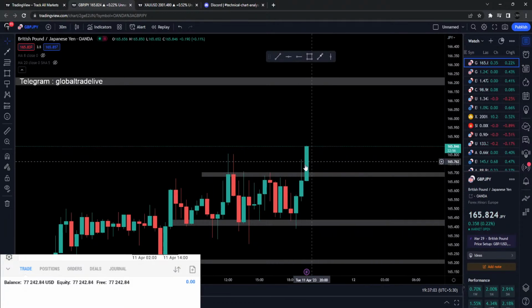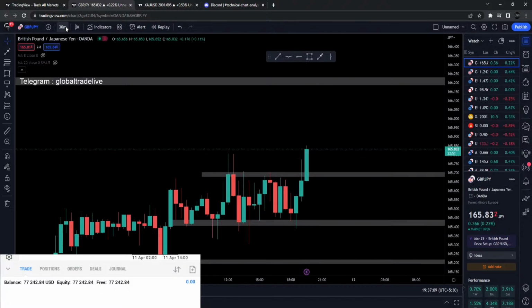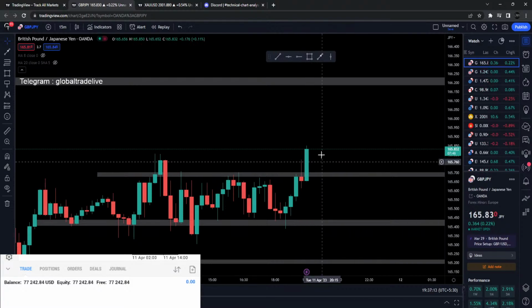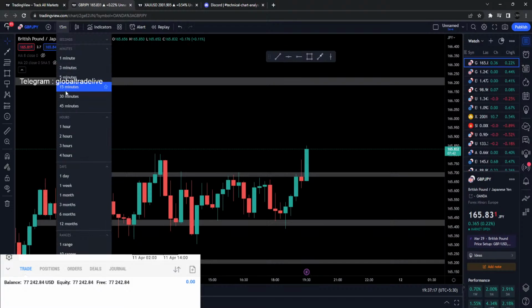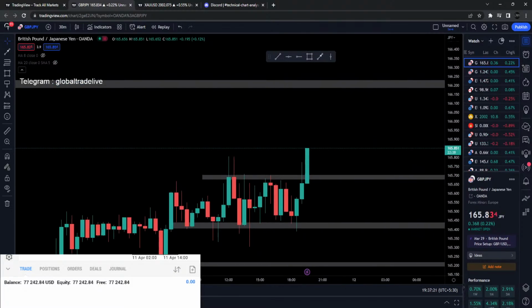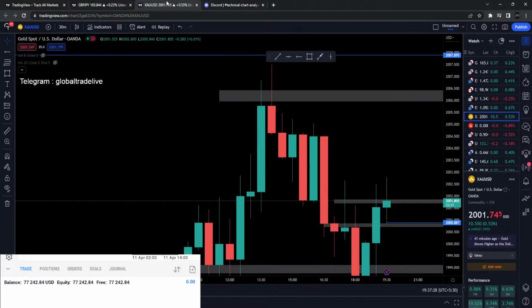So as we can see over here, GBP JPY is moving all the way up, breaking above the high of the previous candle, but I think there will be a support formation coming up really soon, so I'm gonna just wait for that to happen. But in that case, if it just goes all the way up in one single push, then it is alright with me, no problem. So let's just see.